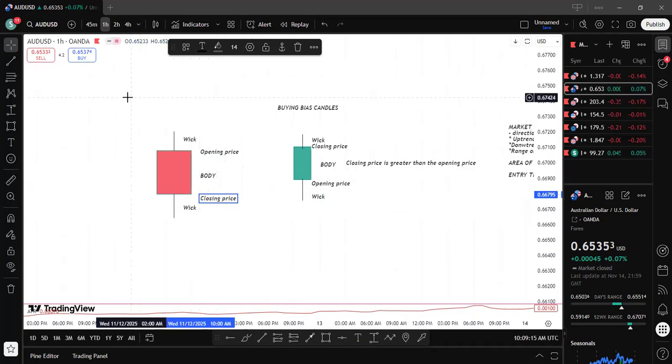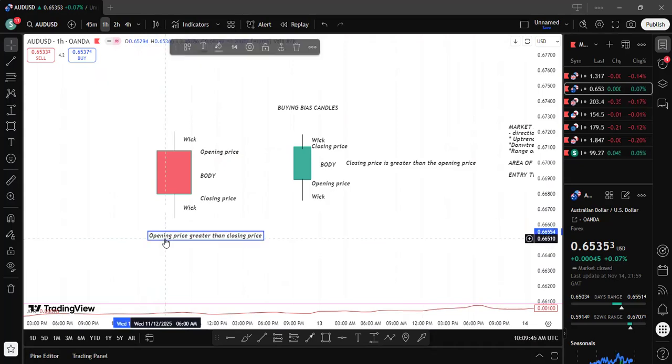You can see that this opening price is higher than the closing price. So the difference now is that in a bearish candle, the opening price is now greater than the closing price.